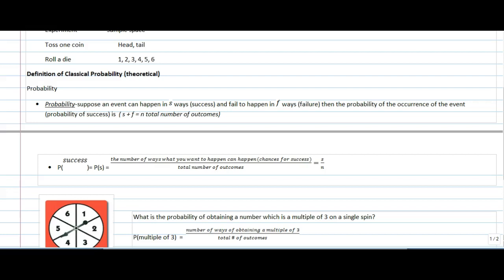So the probability of the success of an event, the definition of classical probability, is equal to the number of ways what you want to happen can happen, or the number of chances for success, S, divided by the total number of outcomes.